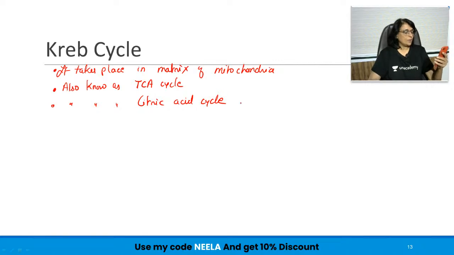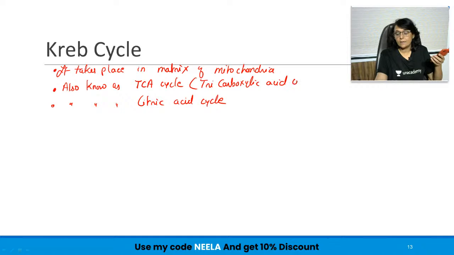Okay, so now Ayush and Hiren, Kalai, they have given this answer. What is the full form of TCA? Tricarboxylic acid cycle. TCA stands for tricarboxylic acid.